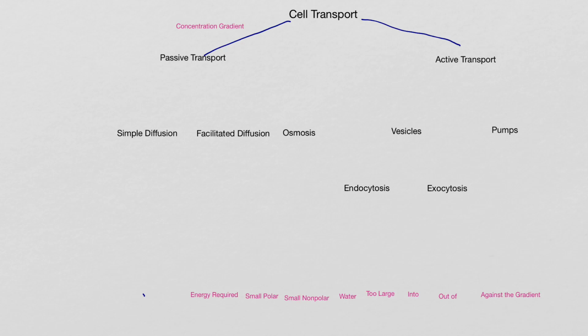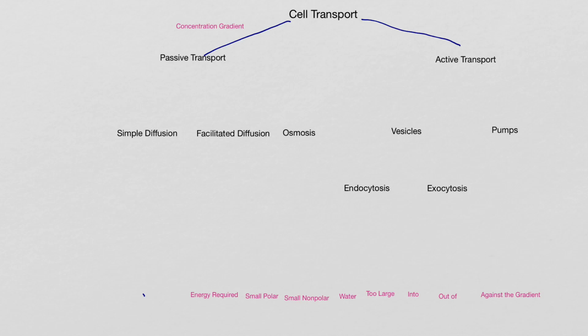On the other hand, if we don't have a concentration gradient, or if something is just way too big to fit through the cell membrane, we end up having to use something called active transport. Whenever we have active transport, it just can't go naturally like it does with passive transport.